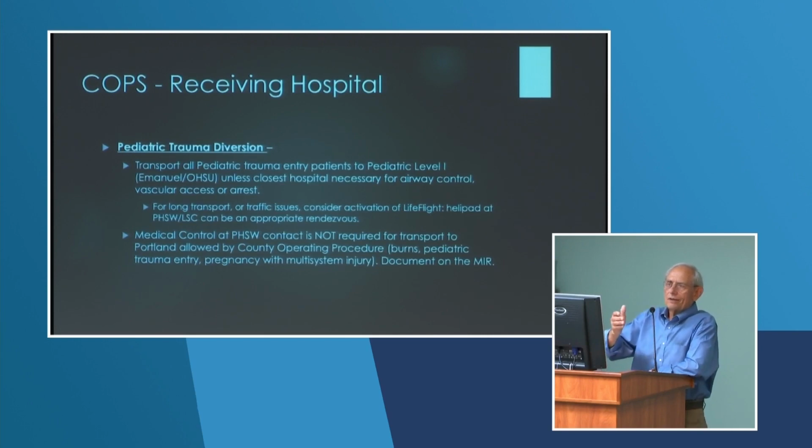No. It's entirely impossible to absolutely predict. It's also not possible, you know, there are going to be extenuating circumstances where you need to use your judgment, but the preferred thing is take trauma pediatric entries to a pediatric capable hospital.